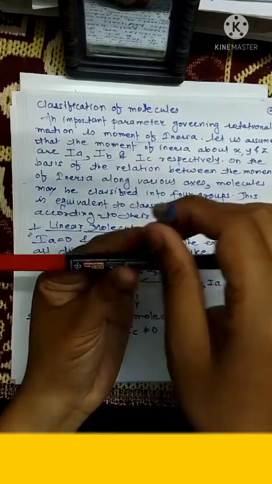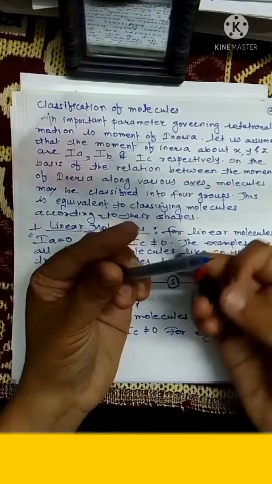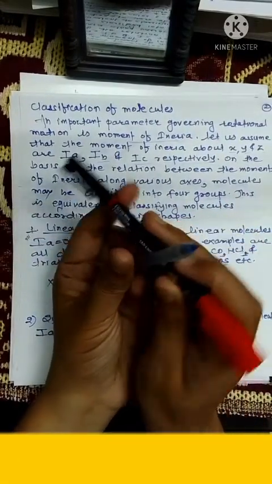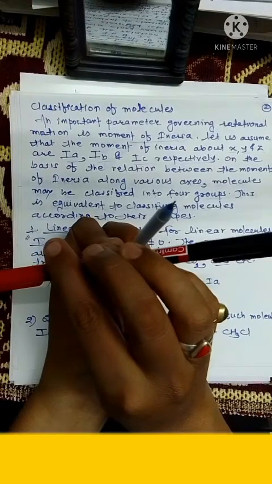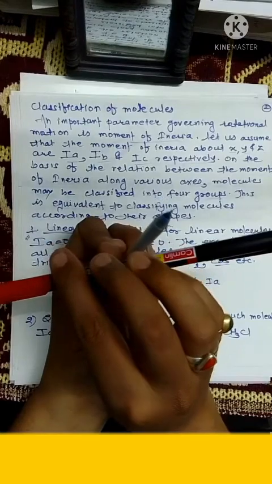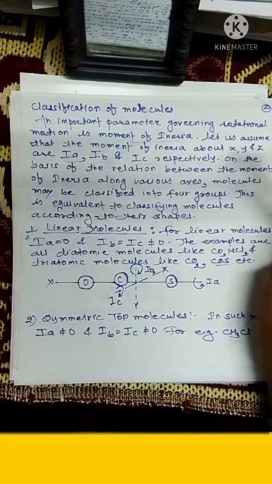Now let us consider the z-axis. This is the original position, and if I rotate this molecule like this, there is also a change in the position of the sulfur and oxygen atoms. That's why Ic is also not equal to 0.